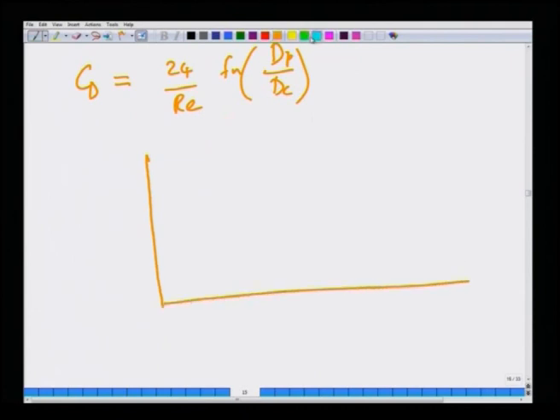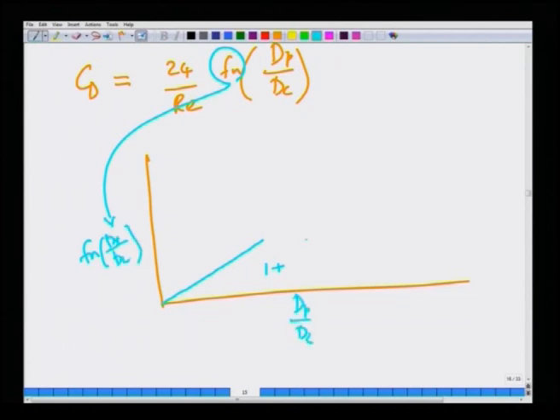Initially it goes as 1 plus 2.1 times dP by dC, and that is what I am plotting as a function of dP over dC. So, when dP equals dC, of course, we expect the function to go to 1, and then it starts deviating.